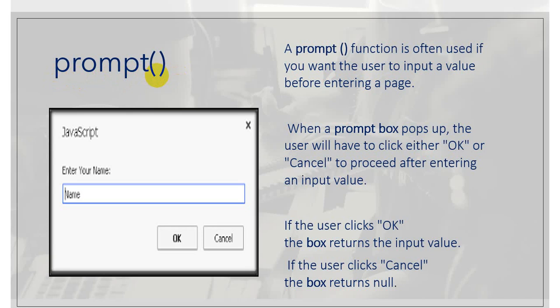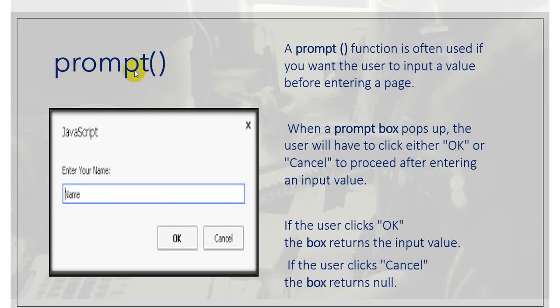Some languages say function, some say method, and some say both are the same. So there is no debate. In our syllabus it is given as a function, so we will go with function only. If you find this opening and closing bracket, you will say this is a function, and its name is prompt.